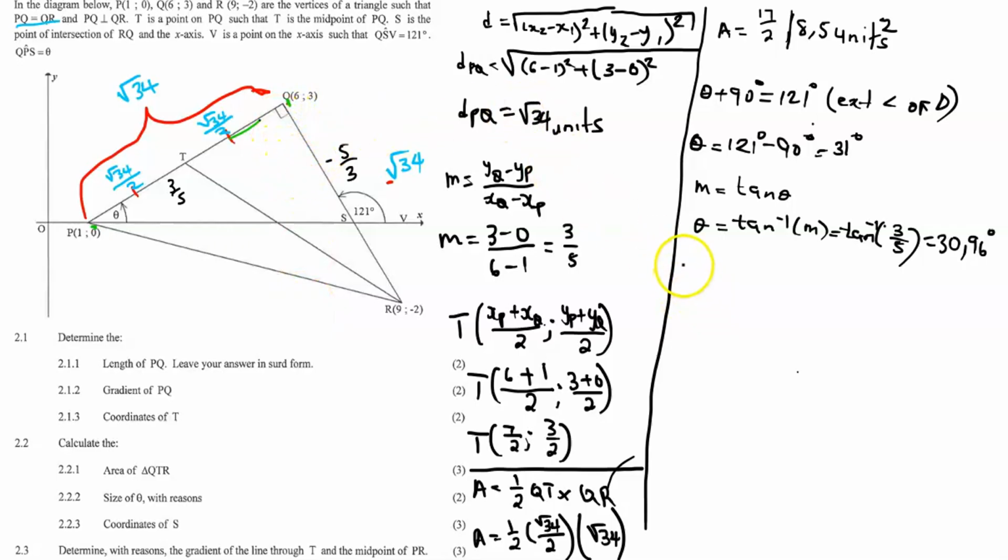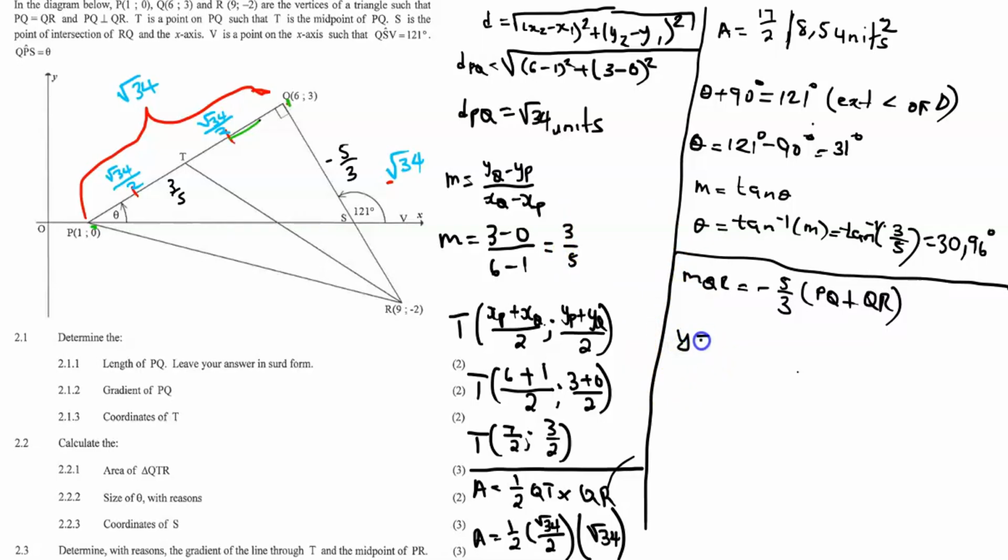So that is where we can actually start finding the gradient of QR, which is negative 5/3, and the reason is PQ is perpendicular to QR, which is a statement that they gave us there in the question. And then now we've got the gradient.